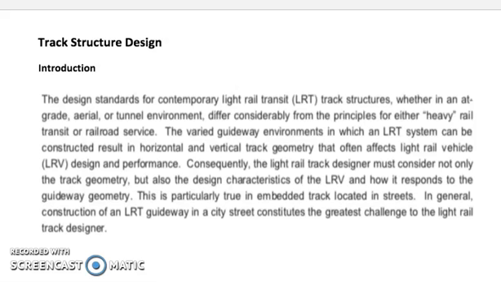So basically, our LRT system can be constructed which results in horizontal and vertical track geometry that can often affect the light rail vehicle design and performance. So you have to take note that if you are an LRT designer, you have to consider not only the track geometry but also the design characteristics of the LRV, or light rail vehicle, and how it will respond to the guideway geometry.